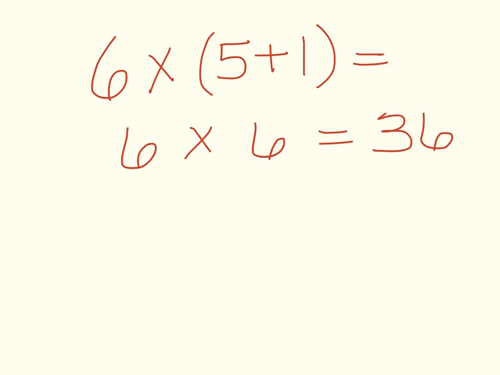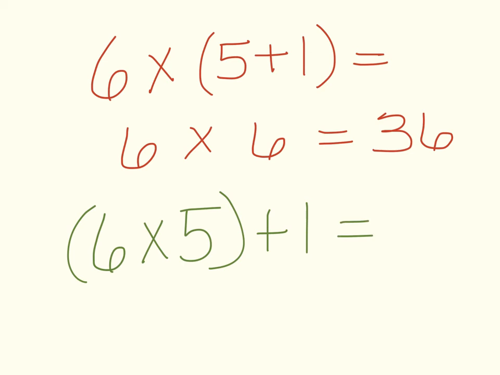Now I want to show you that the associative property doesn't always work unless it's all addition or all multiplication, because let's change colors here so you can see it. If I were to say 6 times 5 with my parentheses plus 1 equals, well, what do I do first? 6 times 5. 6 times 5 is 30 plus 1 equals 31.